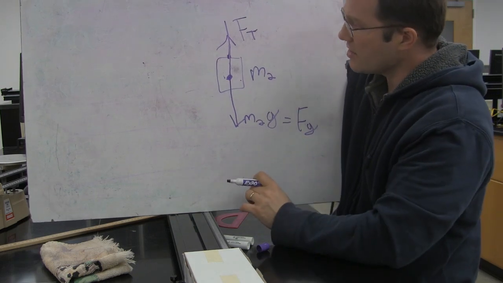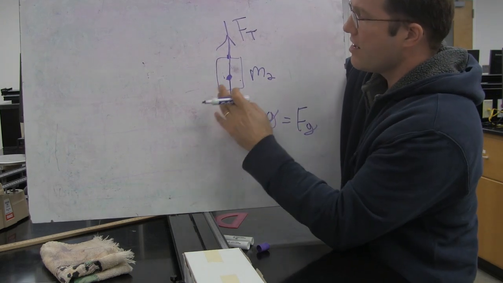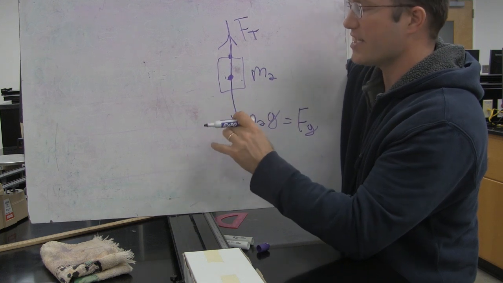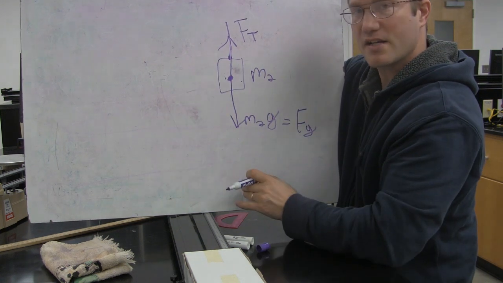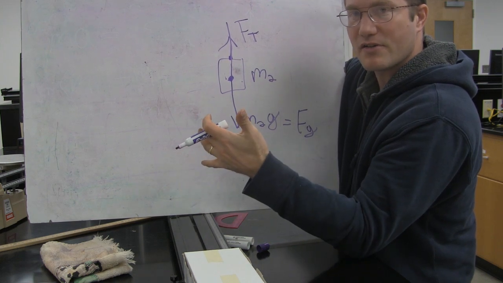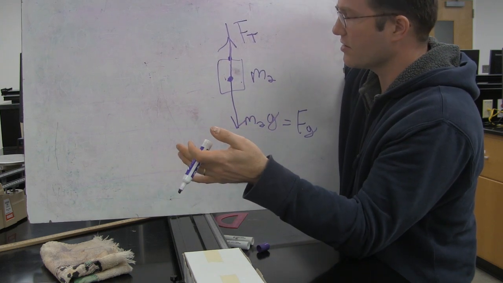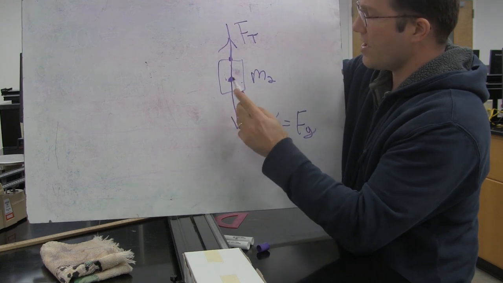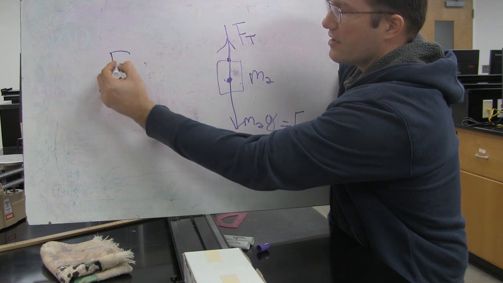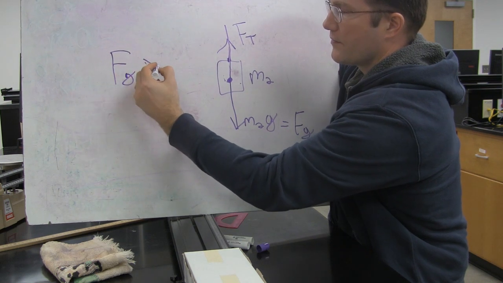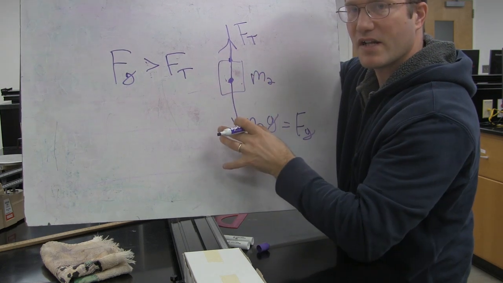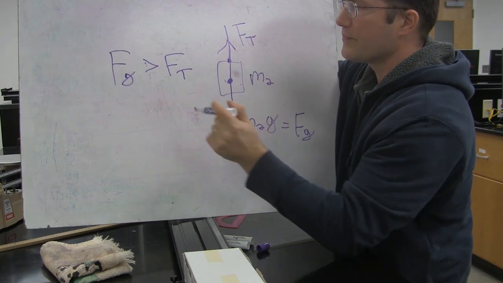Now, you look at this and you think, well, the force of tension cancels m2g, right? But that's not the case, because m2g is accelerating downward. It has an acceleration of a, which is the same as the system acceleration, of course, because everything's attached to each other. But we know that m2g, the gravitational force, is greater than the force of tension. If it weren't, this would be going at a constant velocity or not moving at all.